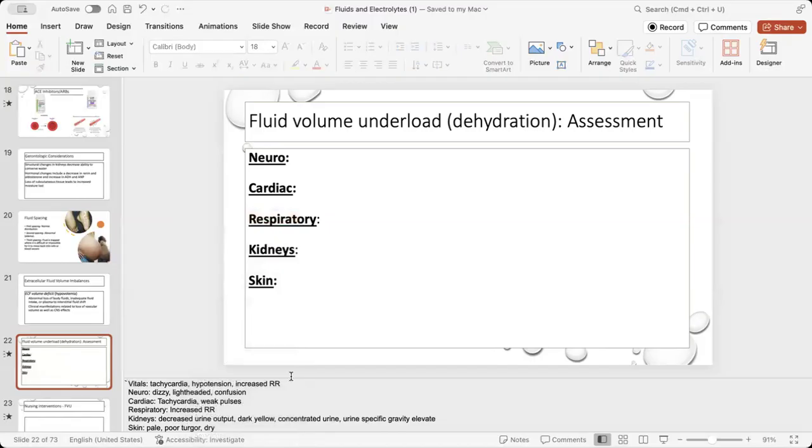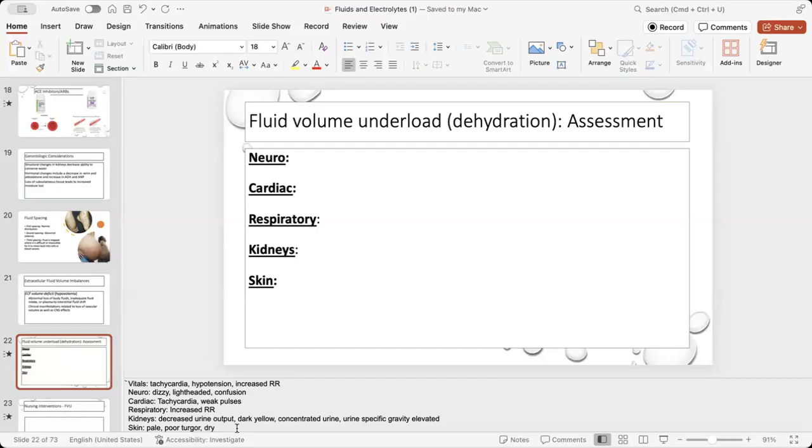If I lost blood, like I'm hemorrhaging, what would my H&H look like? Low. Right, I've lost it in the blood. What if I'm just dehydrated, because I've had the stomach bug and I've been vomiting, diarrhea, dehydrated? What happens to my H&H?